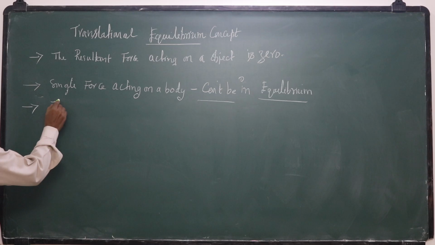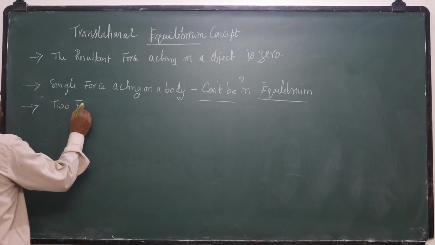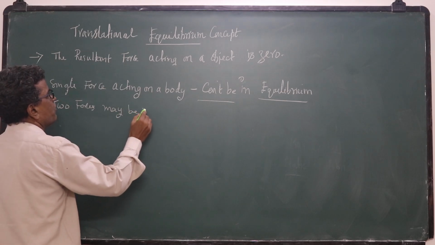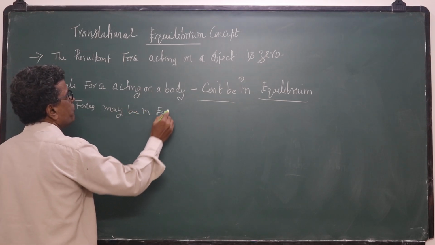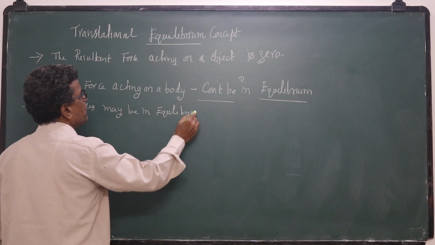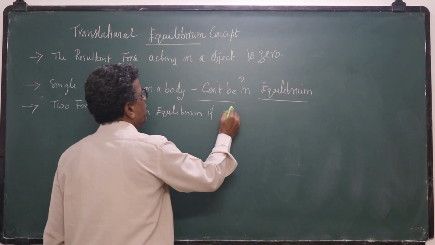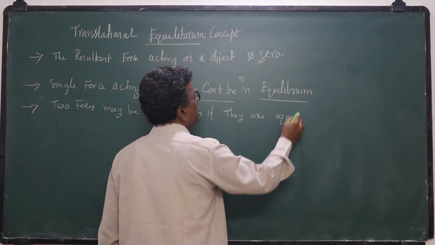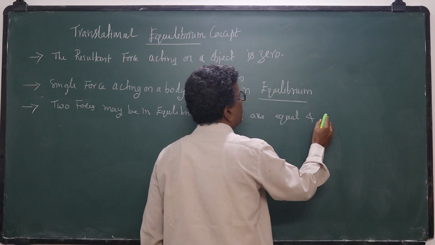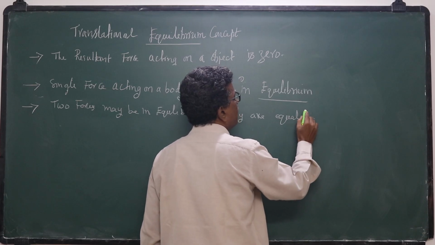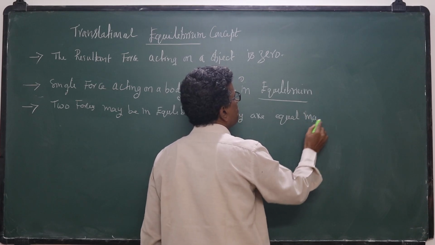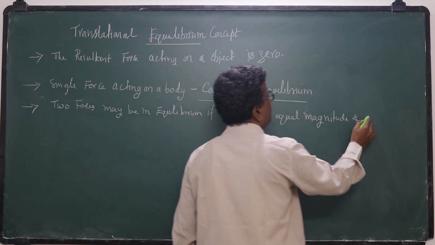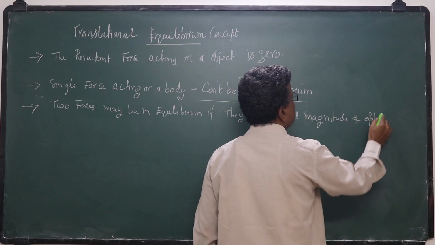Suppose there are two forces. They may be in equilibrium if they are equal in magnitude and opposite in direction.